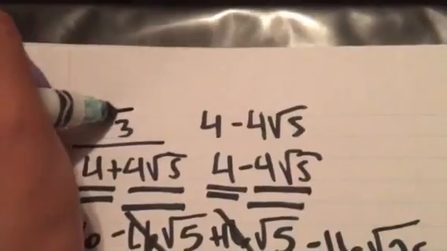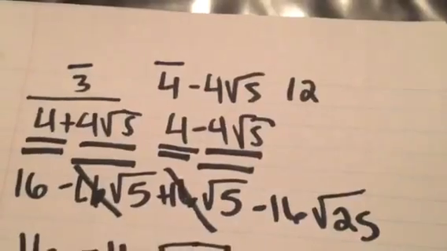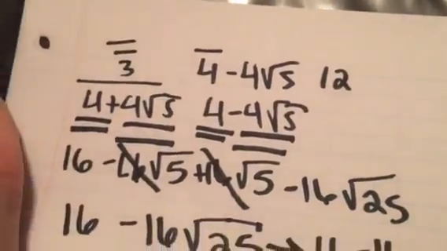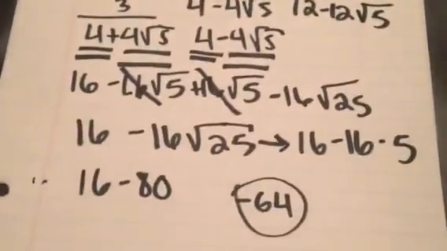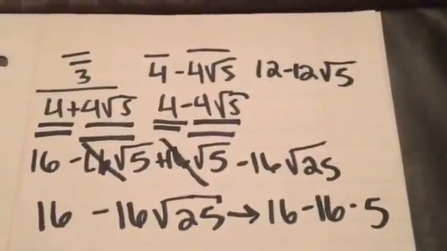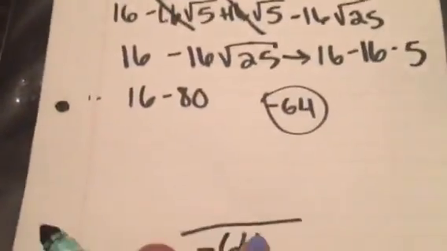Again, I'm going to use my lines. 3 times 4 is obviously 12. And then 3 times negative 4 radicand of 5 is going to be negative 12 radicand of 5, which we're going to bring all the way down back above our denominator.